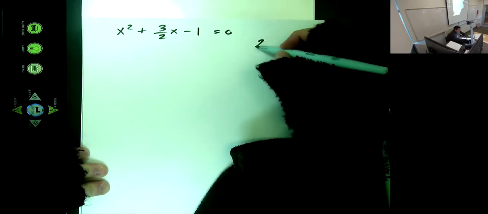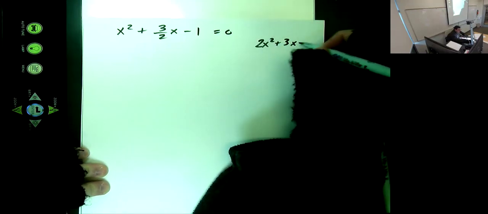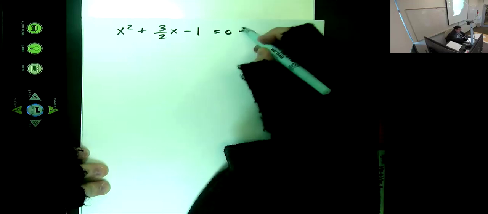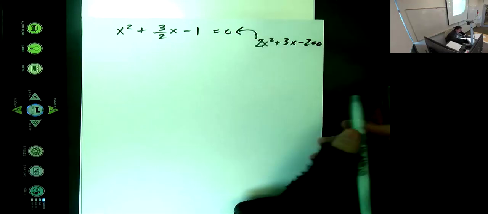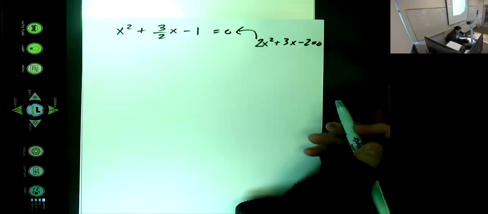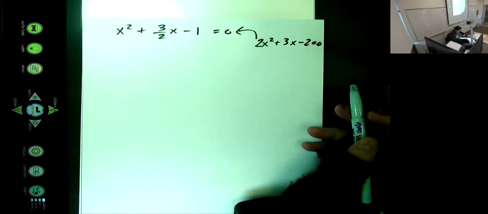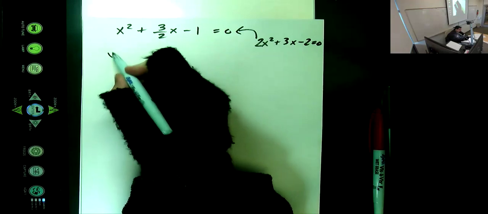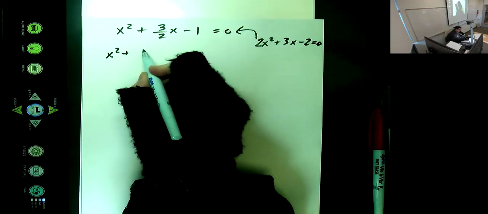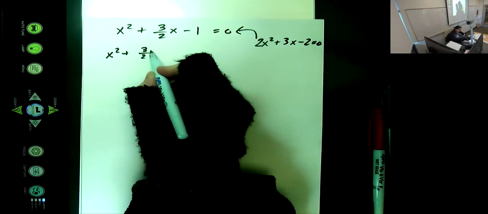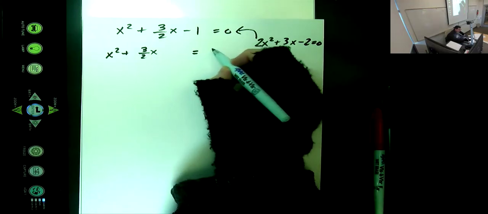I guess I could have said 2x squared plus 3x minus 2. But I didn't. So little things to do. If I move the 1 over, I've got that.